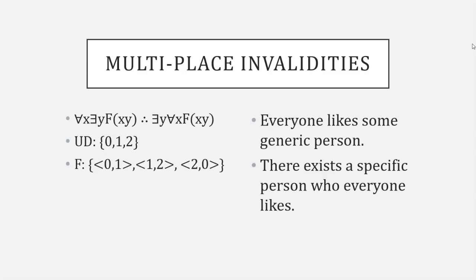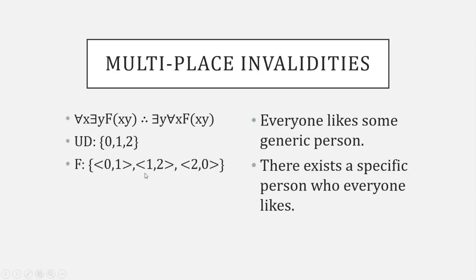I can't recall, but I think I did it such that it would make this argument invalid. So does this make the first thing true? For all things x, there exists some y such that f x y. For anything that you can plug into the x part of that two-place predicate, that is 0, 1, or 2, is there something that it stands in the f relation to? We've got 0 standing in the f relation to something, 1.